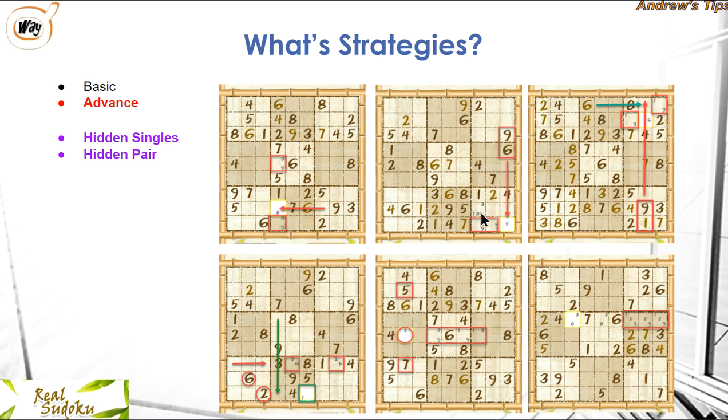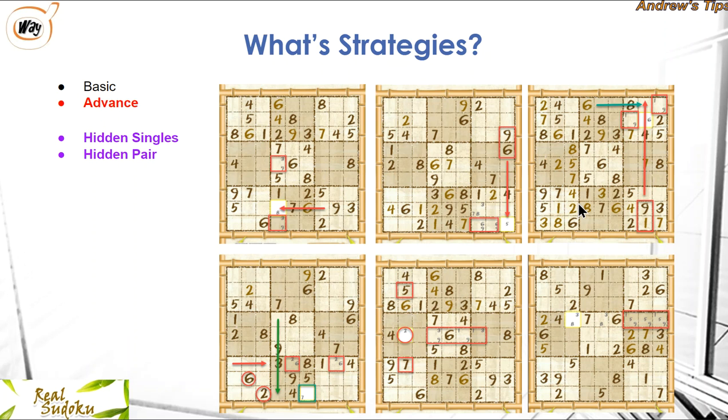But we have the 9 and 6 here. So 9 and 6 should be in these two cells, and only 5 goes here, this way. Another one is 6, 9 here. You can go to a 6, 9 here and a 6, 9 here. So this one must be 6, 9. So only 5 is left here.